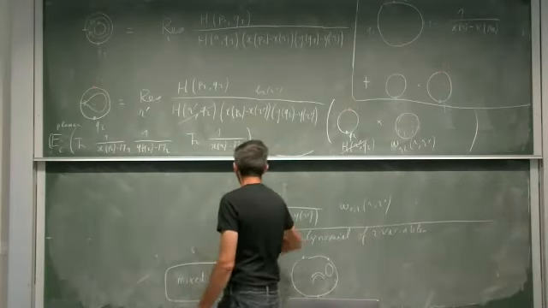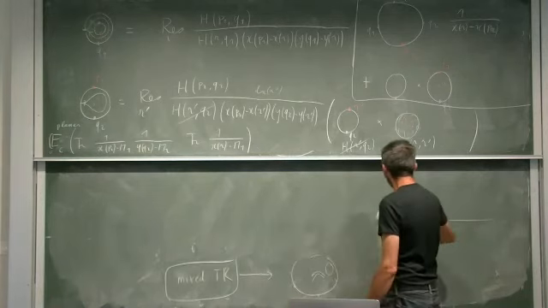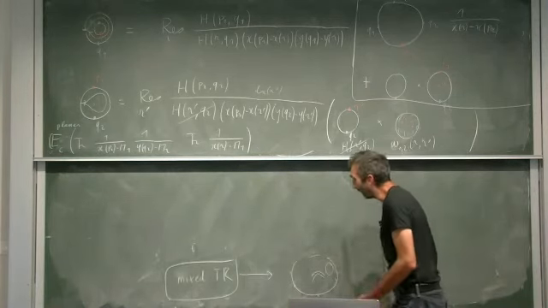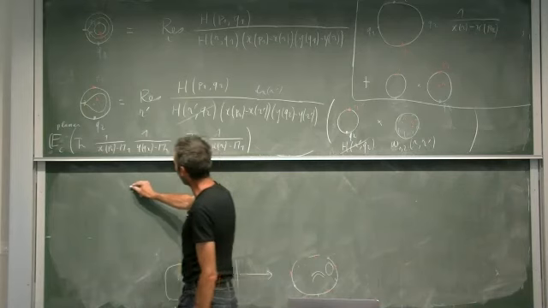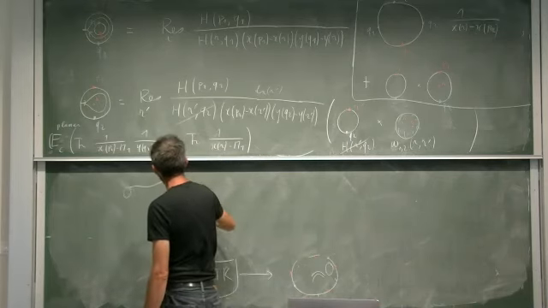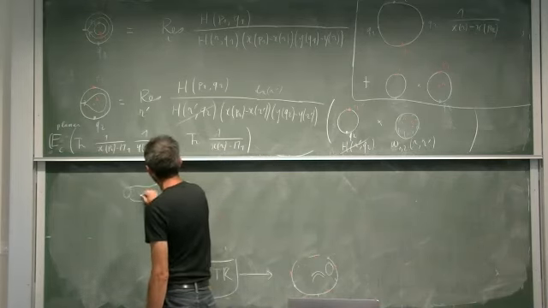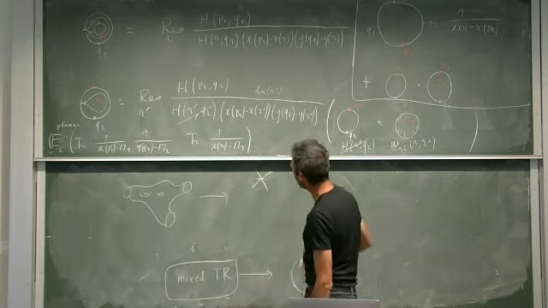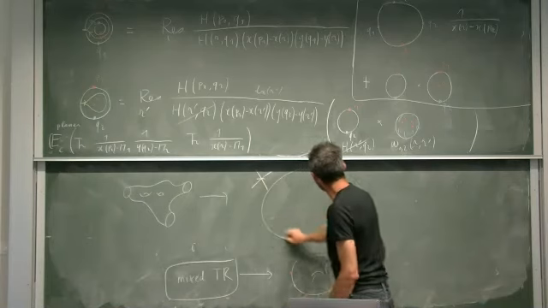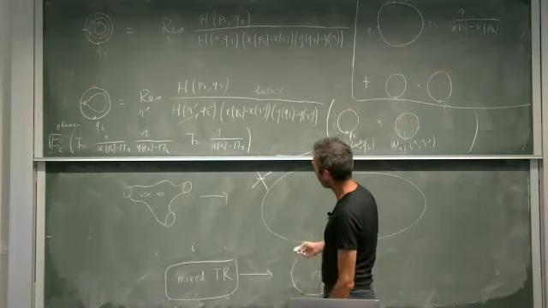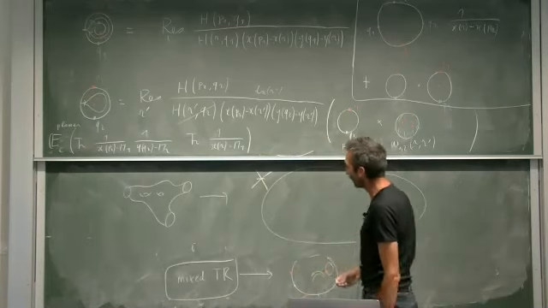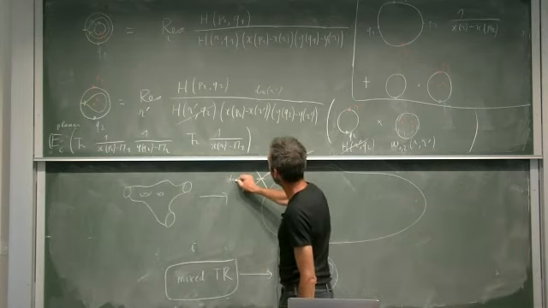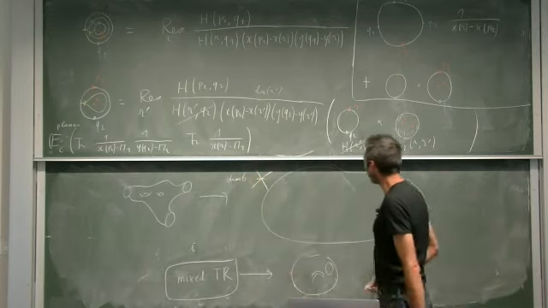So you want to count in how many ways you can embed a Riemann surface of genus G with a certain number of boundaries into your Calabi-Yau, let me call it X, which is a certain Calabi-Yau space. It's a big space, typically 6-dimensional, and you have some branes.